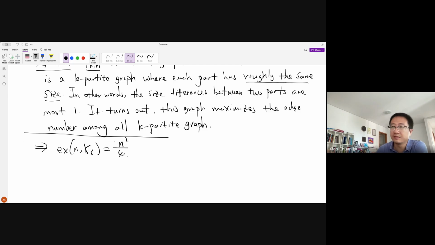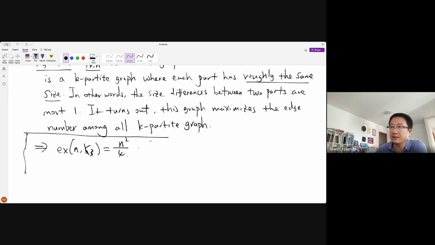I will just mention it for two minutes for comparison. This is the maximum number of edges for a graph on n vertices which does not contain K3.